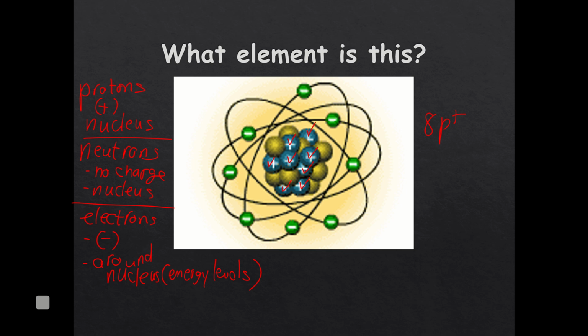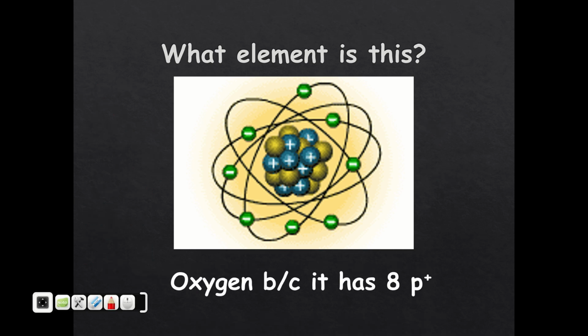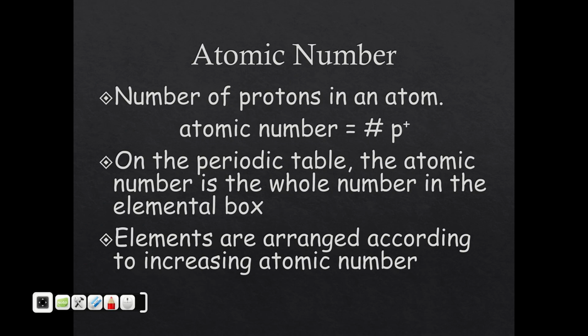Knowing it has 8 protons, it's supposed to be P positive. I can now go to a periodic table, and once we learn how to read a periodic table, which you're going to be able to do very quickly, I have no doubt, you'll be able to identify that this must be oxygen. The only element that has 8 protons is oxygen, okay? There you go. All right?